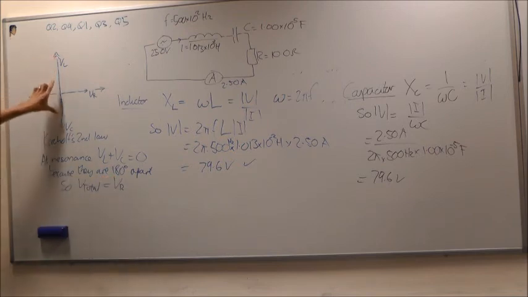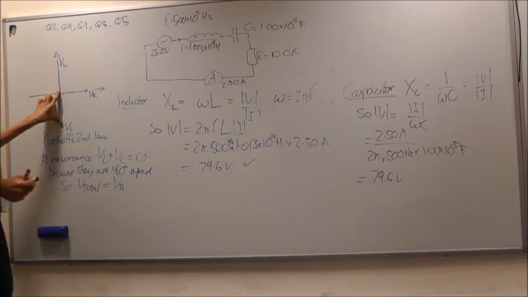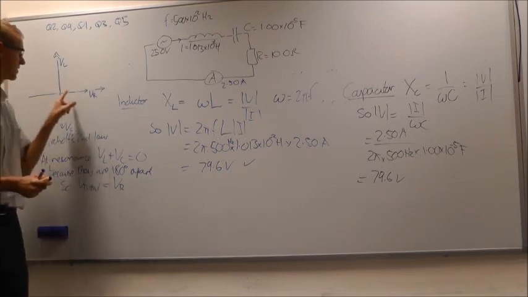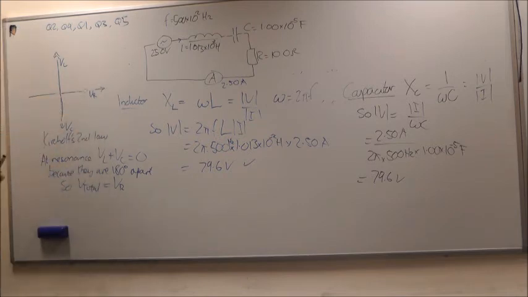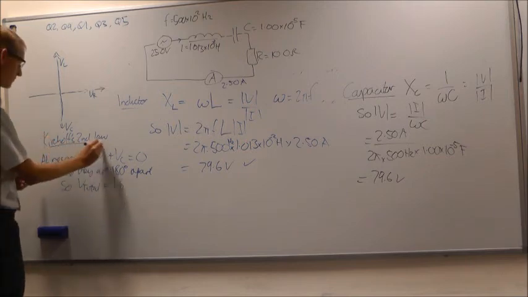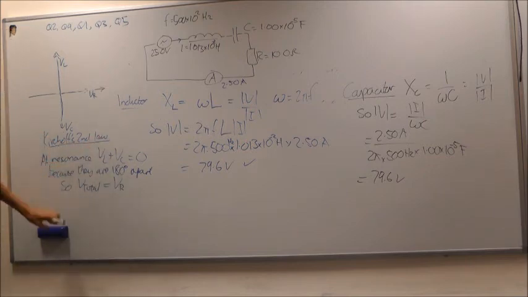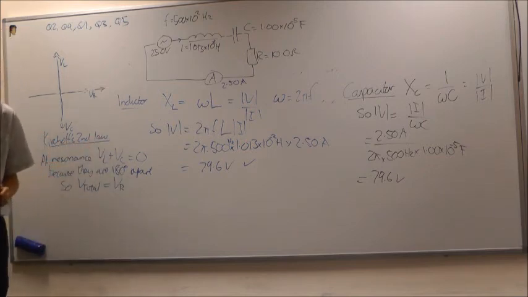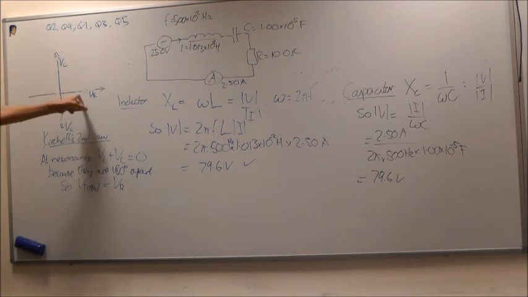So that vector plus that vector plus that vector is just VR. And there we go, there's a brief explanation of that. And of course these can be much larger than the voltage over the resistor.